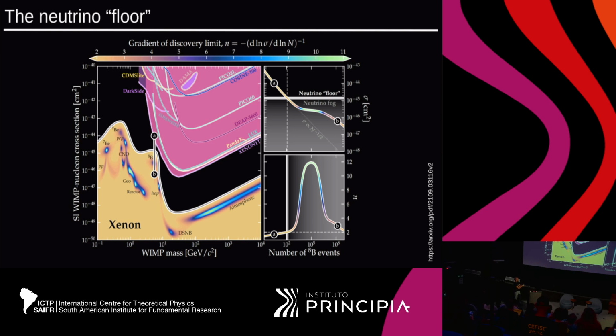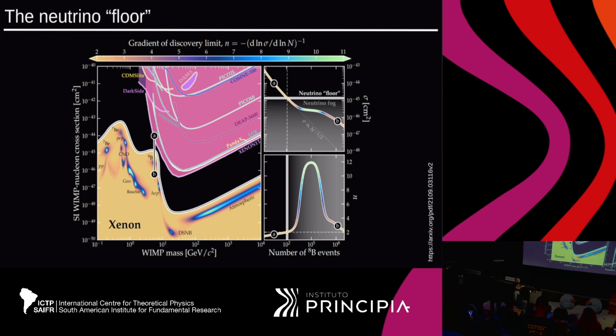The colors here reflect the intensity of these fluxes that you expect. What is the number of events that you expect to see from these different sources? So you have the atmospheric neutrinos, but you also have reactor and geoneutrinos that are coming from the environment, and all of these things will produce hotspots in which you expect to see a lot of events, okay?